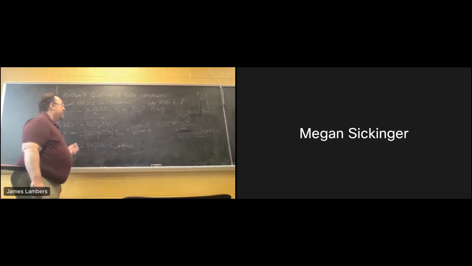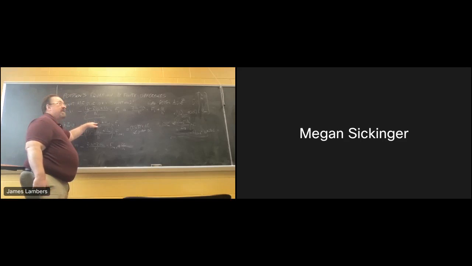Now, for the matrix, we need to look at the coefficients of the U values throughout these equations, and those are our matrix entries. For each one of these equations, i going from 1 up to n plus 1, the coefficient of ui goes on the main diagonal.